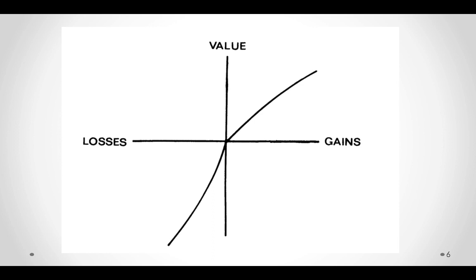That is, it's steeper in the domain of losses, it falls quicker in the domain of losses than it is in the domain of gains. All right? So we're going to talk about these three characteristics as we go through this lecture. So at this moment, I just want you to take a moment and look at this curve and see how it is going to fit in with all our discussion later on.